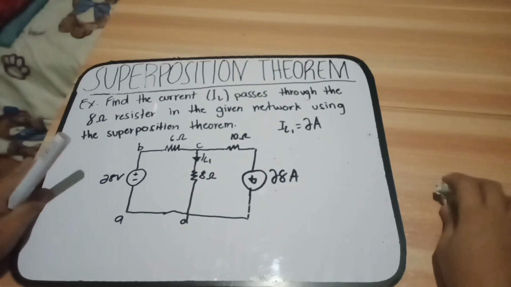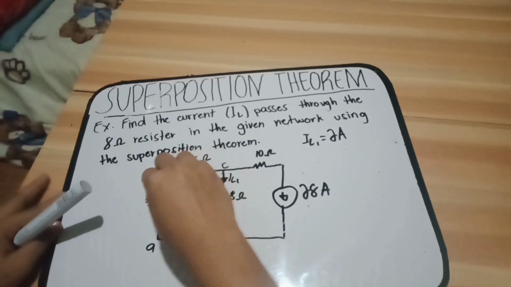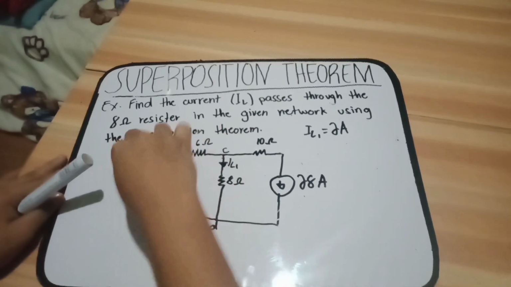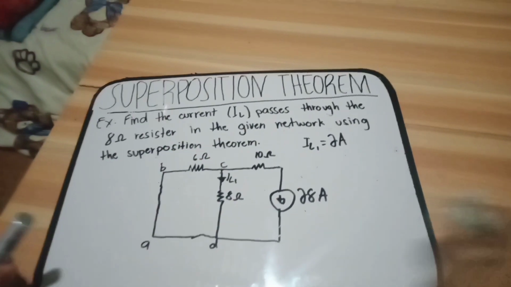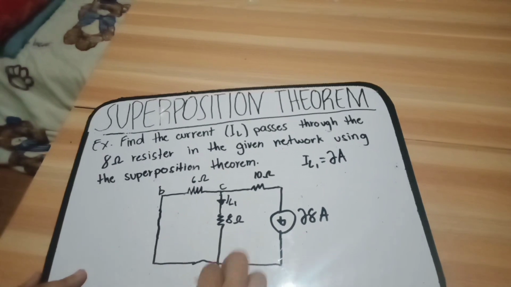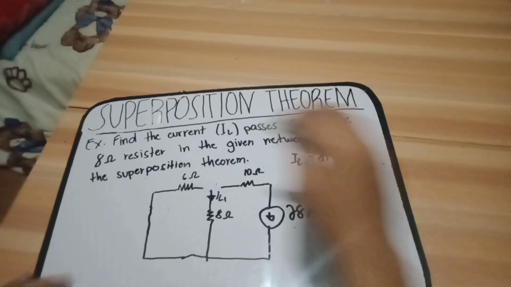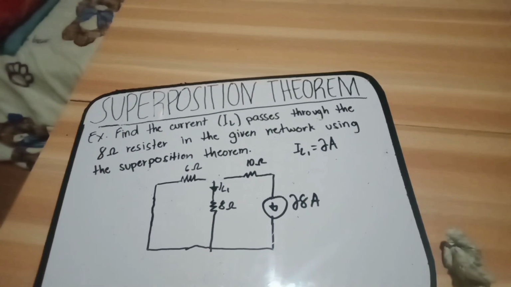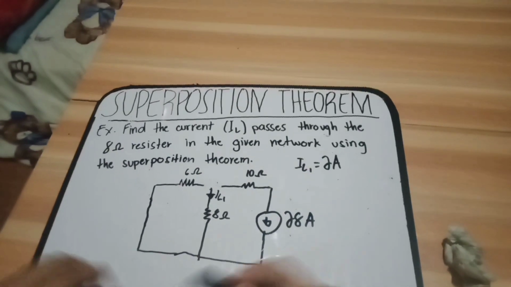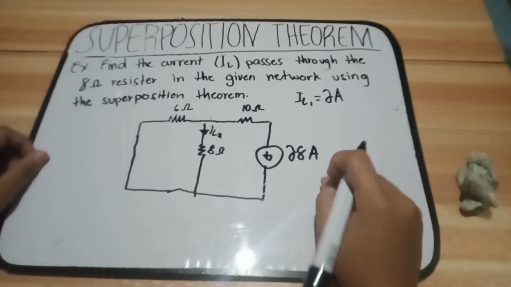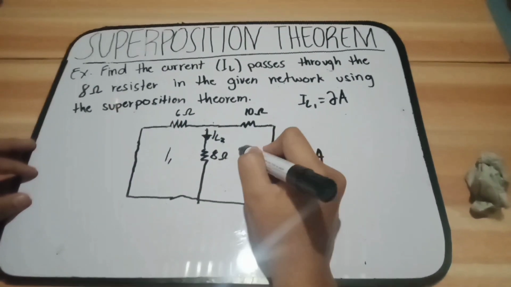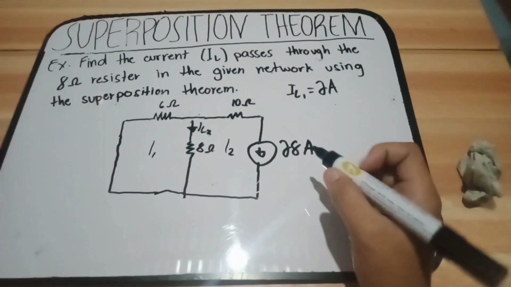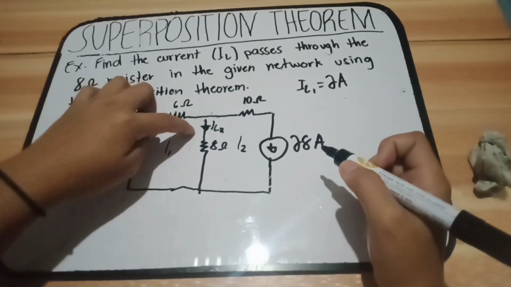So, now, we need to short this one. So, magiging short na ang ating voltage. Magiging ganyan na ang figure niya. So, we have to consider 2 loops: this is loop 1 and this is loop 2. And find the current IL2.